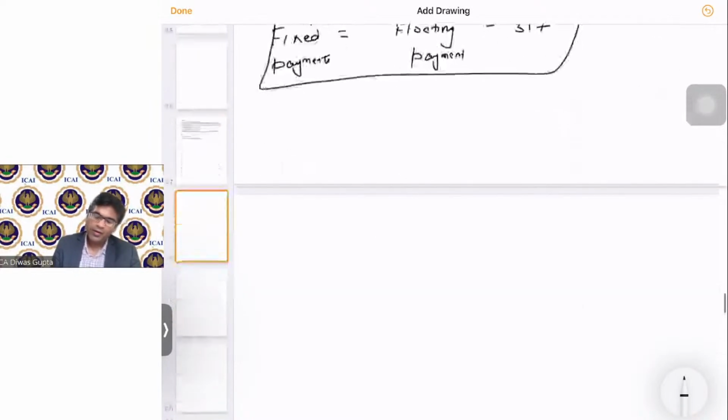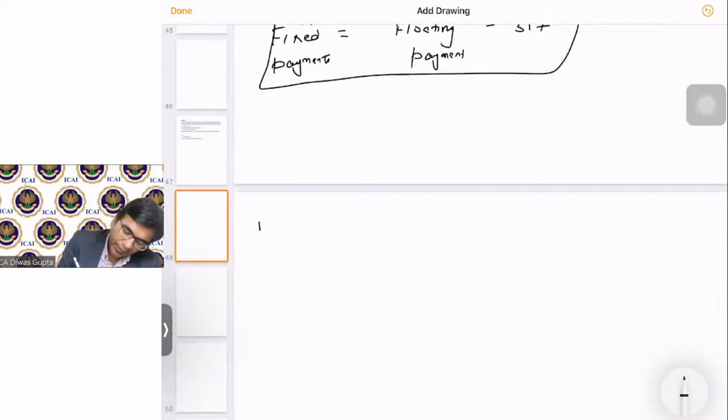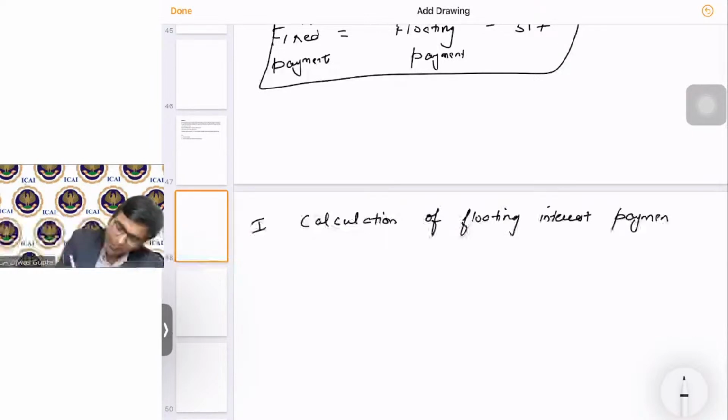Now let's calculate the floating payments. Step 1: calculation of floating interest payments.